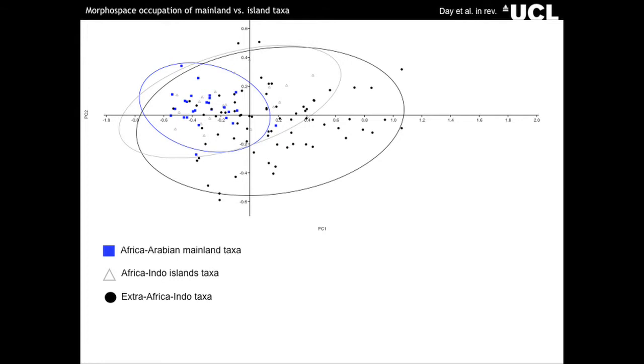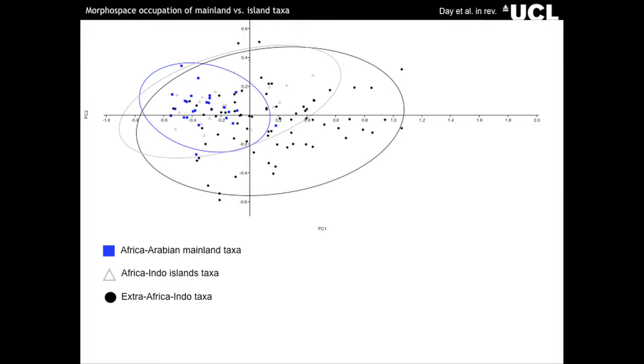But when we look at our Afro-Indian island birds, so within that radiation that we were focusing on, hopefully you can see the grey plot there with the triangles, we can see that they've expanded into morphospace somewhat. And this is probably because of these more aberrant birds that I was talking about earlier on. So birds that used to be placed in Speirops are now nesting deeply within the Zosterops.